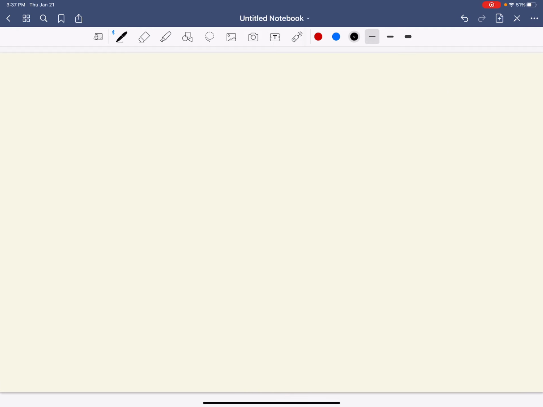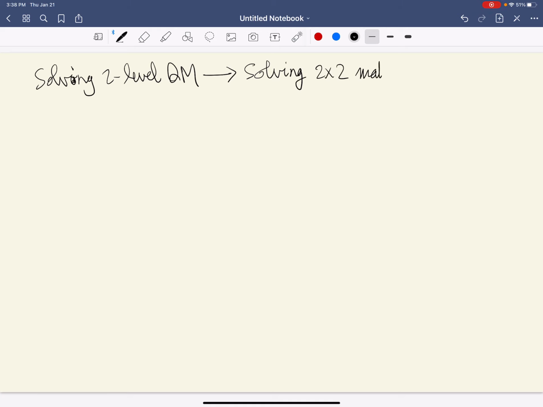And such a value is called the eigenvalue. Okay, so all of a sudden, the problem of solving a two-level quantum mechanics problem reduces to the problem of solving a 2x2 matrix diagonalization problem, which I think we are all familiar with. Okay, so well, then let me just proceed with the solution.